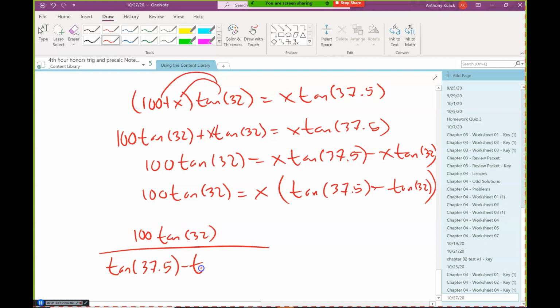And that's what I'm going to type into my calculator. Are we okay with the algebra that we did there?